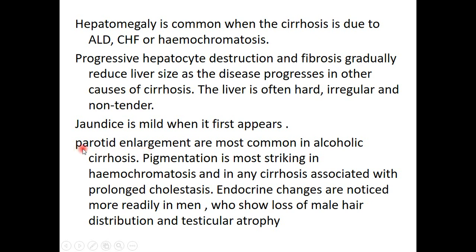Parotid enlargement is most common in alcoholic liver disease. Pigmentation, for example hyperpigmentation, especially in hemochromatosis, and in most cirrhotic patients with prolonged cholestasis you may also have generalized hyperpigmentation. Endocrine changes are noticed more readily in men who show loss of male hair distribution and testicular atrophy.